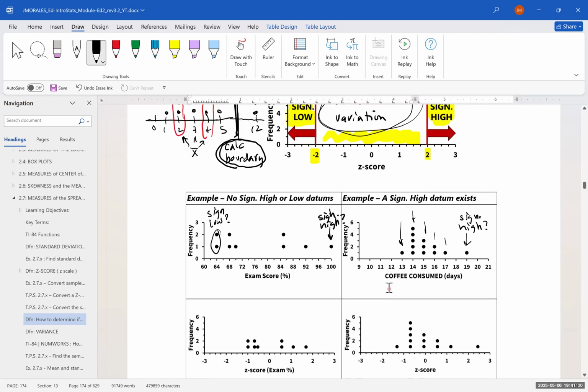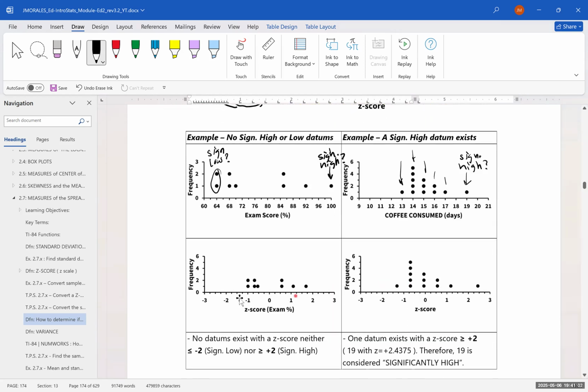If we convert these into z-scores, here you can see the z-score representation of the exam scores up above. Notice it's got the same shape. I think we had a mean somewhere around 76 or 77, which is where we've got a score of z equals 0 right here. And over here, we've got our coffee consumed.